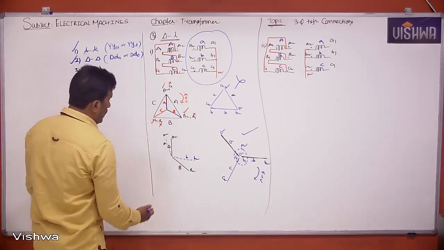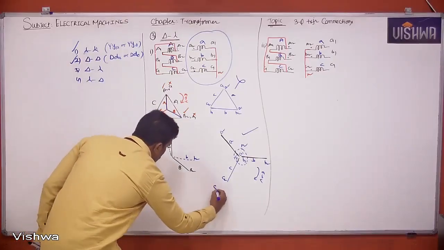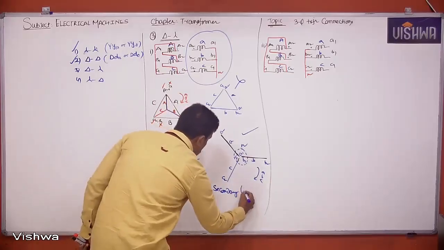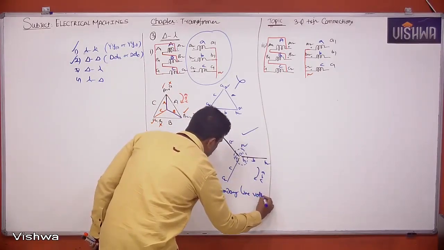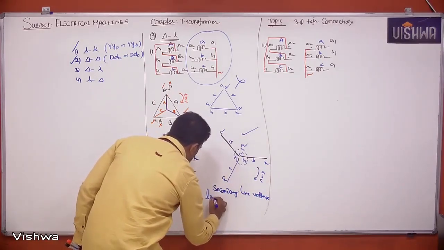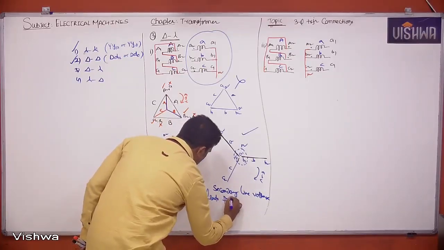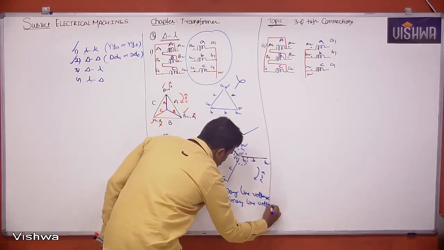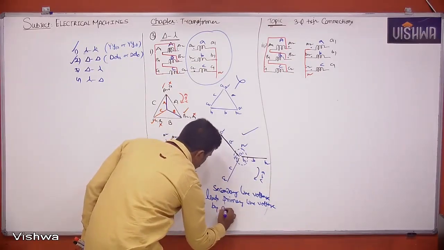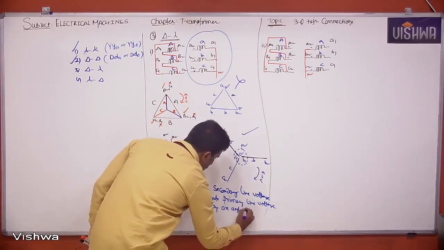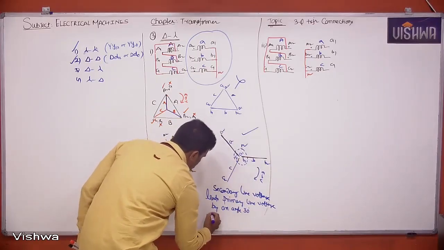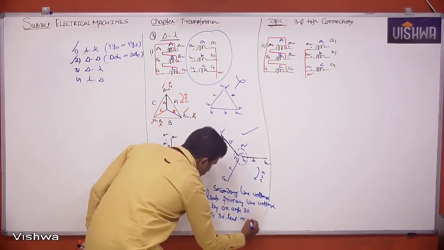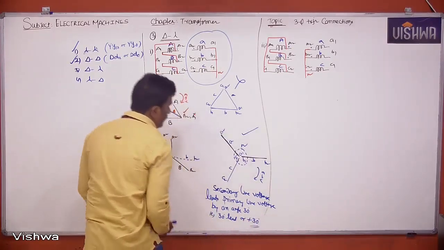That means I can write simply here, the secondary line voltage leads the primary line voltage by an angle of 30 degrees. That is the answer: 30 degrees lead, or plus 30 degrees.